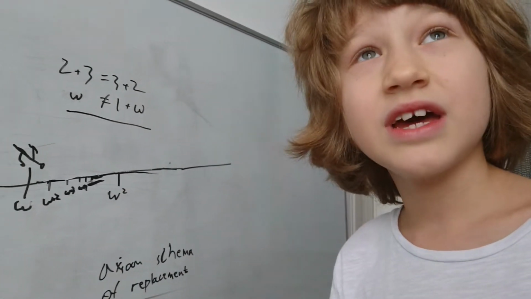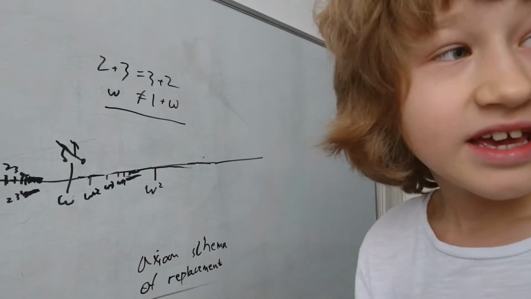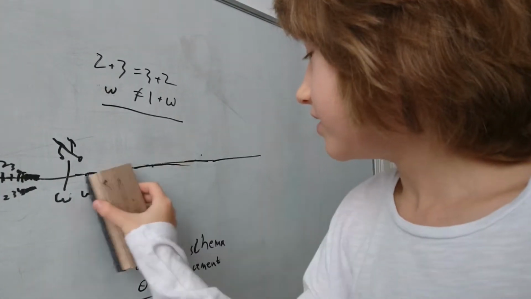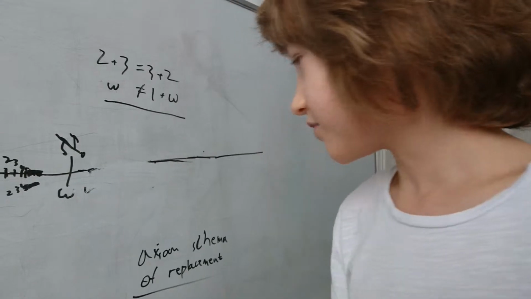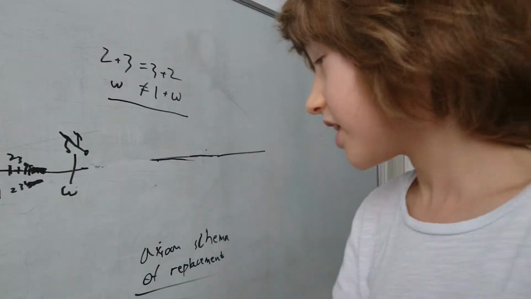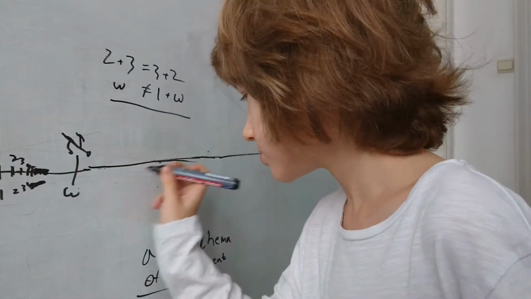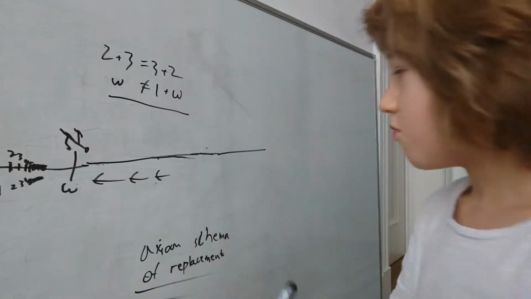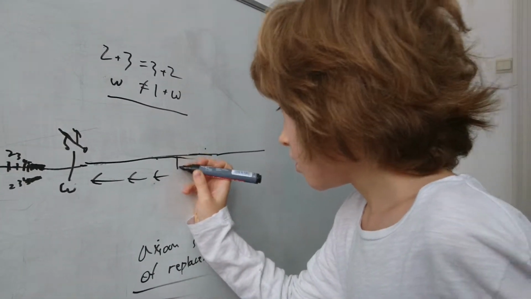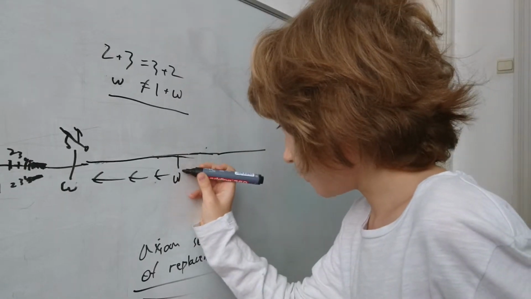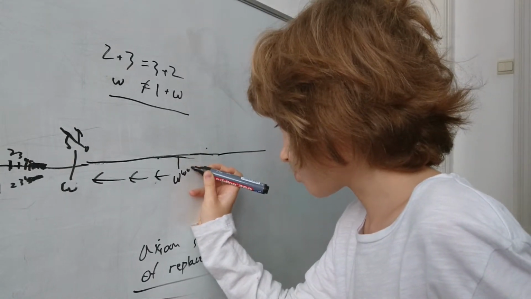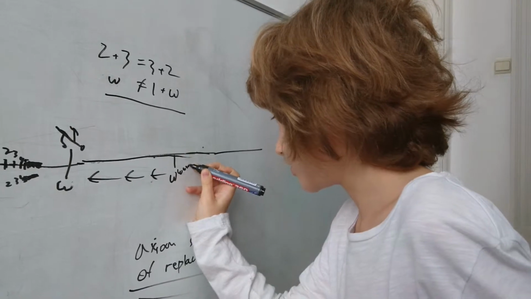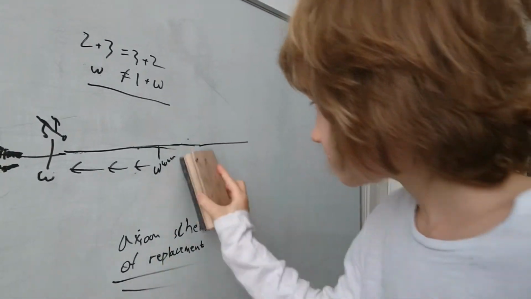And then we can repeat that, right? After several steps like that, we get to omega to the power of omega to the power of omega to the power of omega, and so on. No problem. Can we keep doing that forever?